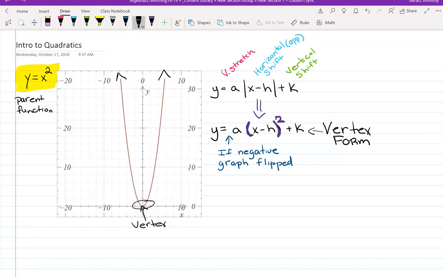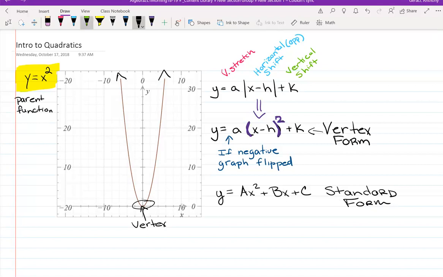Okay, so with vertex form, there's also another form that you're going to see a lot, and that is called standard form. So in standard form, y equals ax squared plus bx plus c. Standard form. Okay, so remember, the a and the x and the b and the x, they're not related.